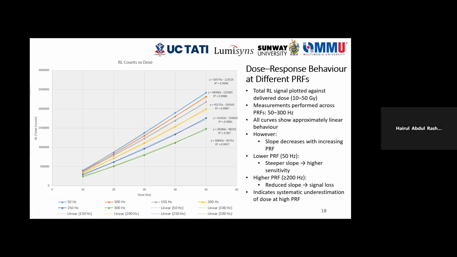This results from the underestimation of the signal pulses, caused by pulse pile-up and baseline increase. However, at lower PRF we can see the steeper slope and better sensitivity compared to higher PRFs, where the slope is reduced because of the signal loss.